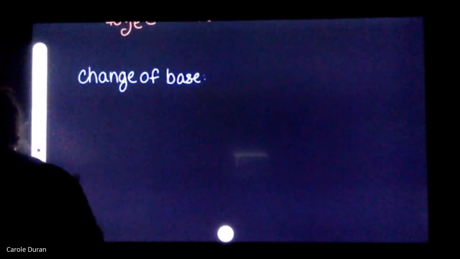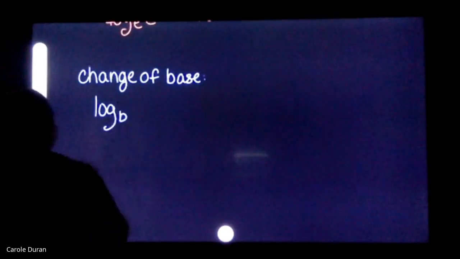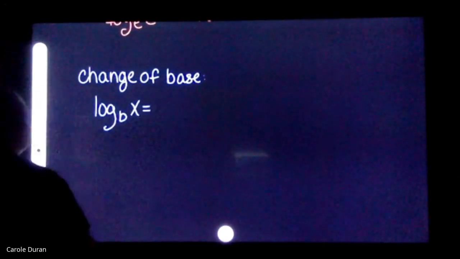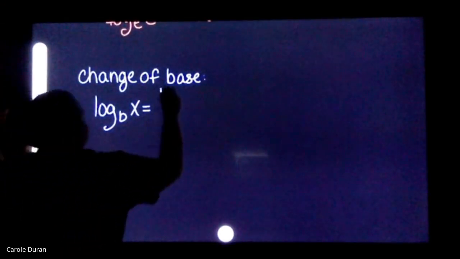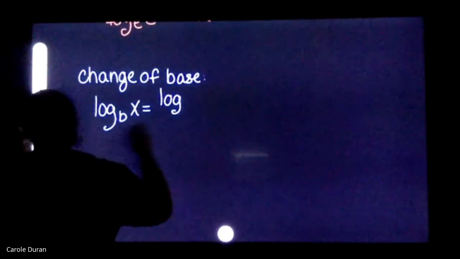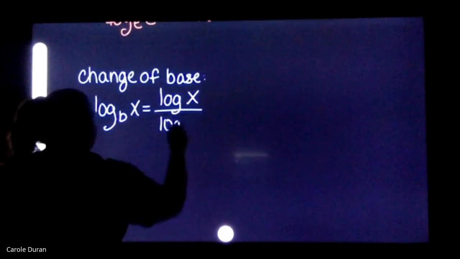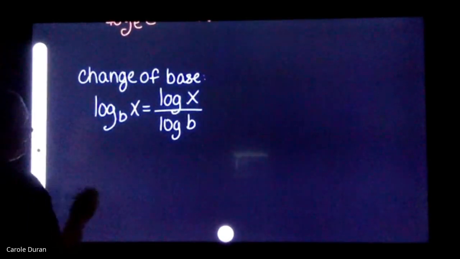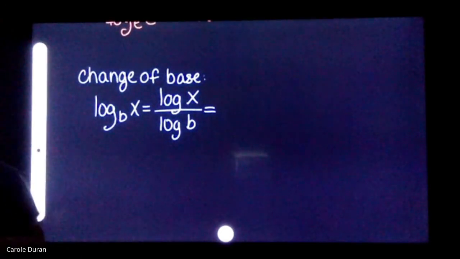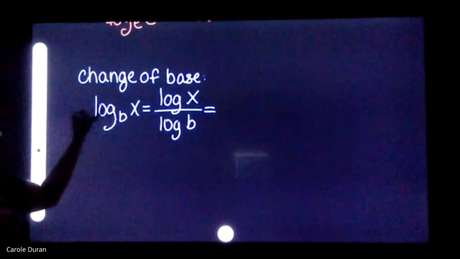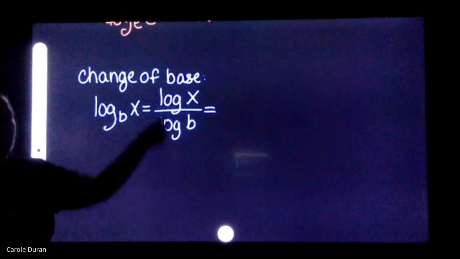And this change of base says, if I have a logarithm that has a base b that is not 10, I can still use my calculator to find its answer. In my calculator, I would do log of my large number divided by log of that base that I was using, and then it would give me whatever my answer is. So our change of base allows us to use a logarithm that is not base 10 and still plug it into our calculator.